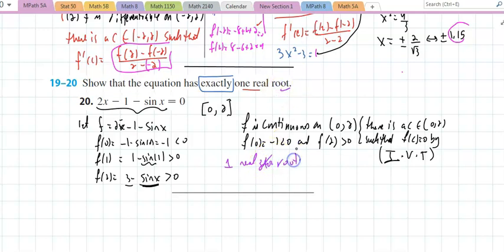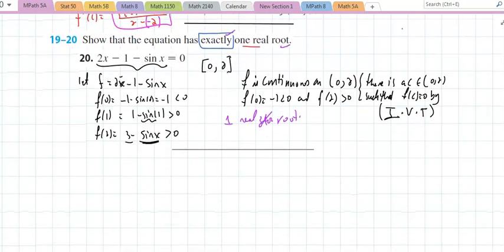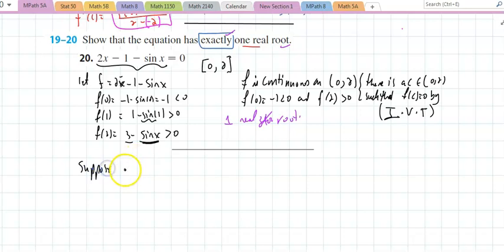Same thing. Now, how do I show that there's exactly one? Only one. I'll assume there is another. I'll say, suppose f has two roots at x equals a and x equals b. 1.